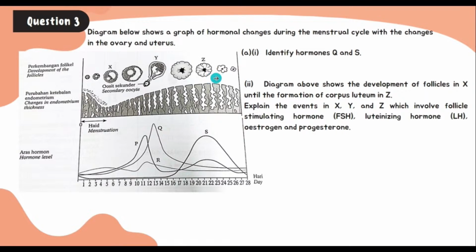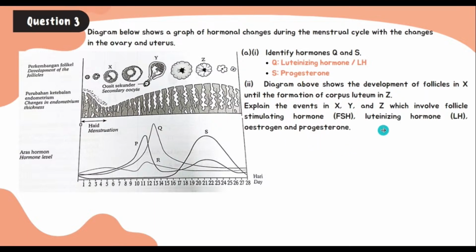So we know that Z is corpus luteum, and corpus luteum produces progesterone. And then you can see the thickness of the endometrium here is maintained. So we can conclude that S is progesterone. So let us check our answer. Yes, Q is luteinizing hormone, or you can write capital LH, and S is progesterone.